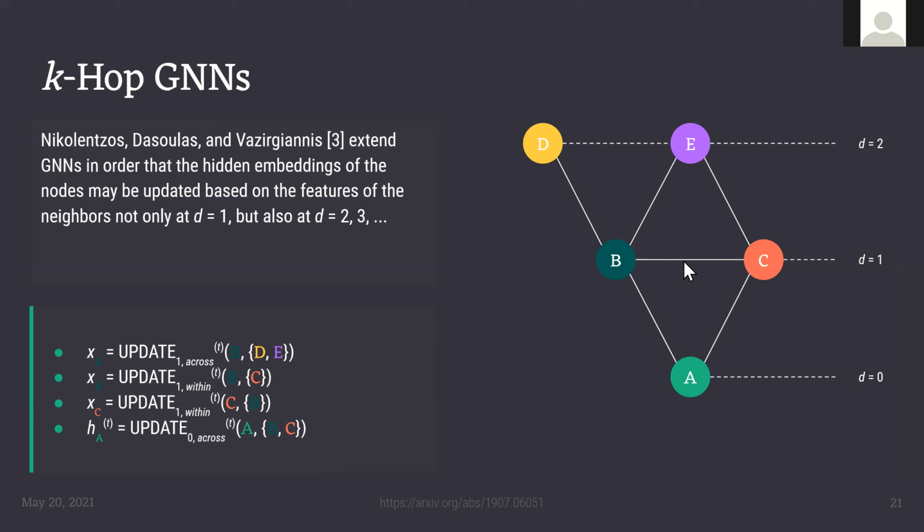And only now we use B's and C's updated representations to obtain a new representation for A. This example is a two-dimensional version, but of course you can go higher. In the paper I mentioned, they do experiments with 2-hop GNNs and 3-hop GNNs, and as I was saying, they have some pretty nice results.